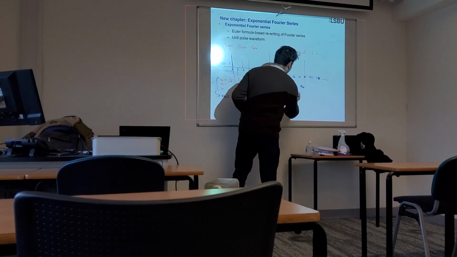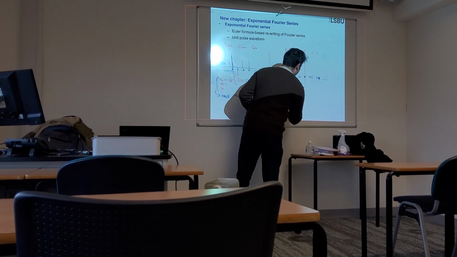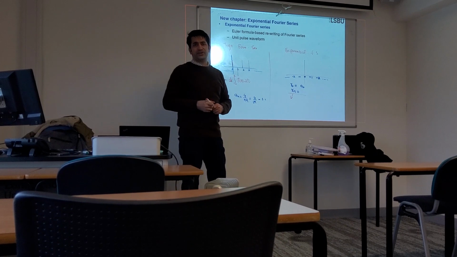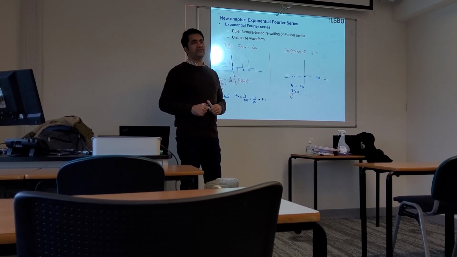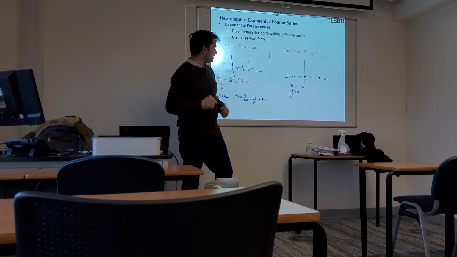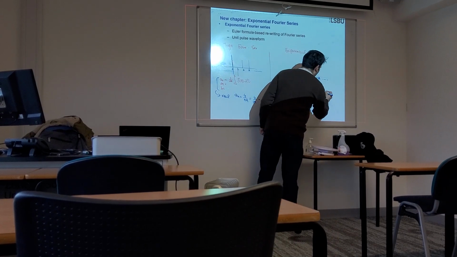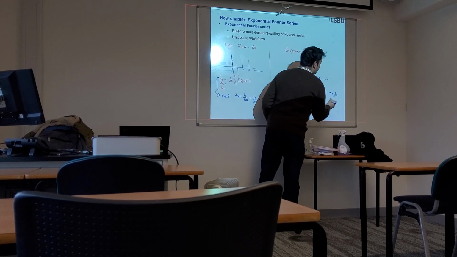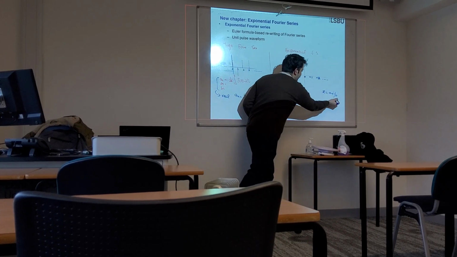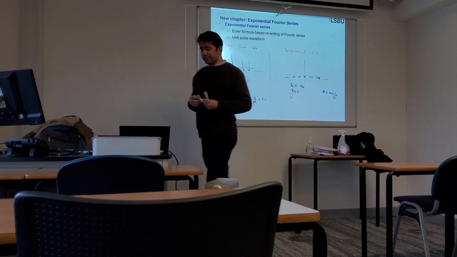However, in case of exponential Fourier series, Rn's are not real numbers. They are complex numbers. If you remember, I explained a little bit about complex numbers, that a complex number is a plus iota b. So they have this extra term, which is the imaginary term.